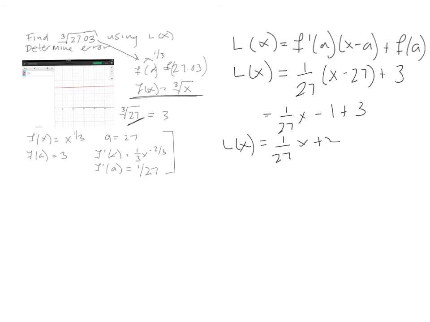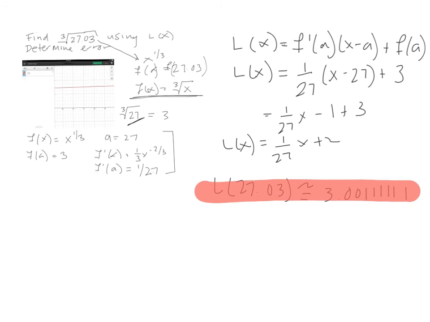And if I plug this simpler thing into a calculator, I'm going to get the L of 27.03, which is really what I'm after, is approximately equal to 3.001111111. That's what's in my notes. So this value tells me, based on my linearization, what f of x is at 27.03.